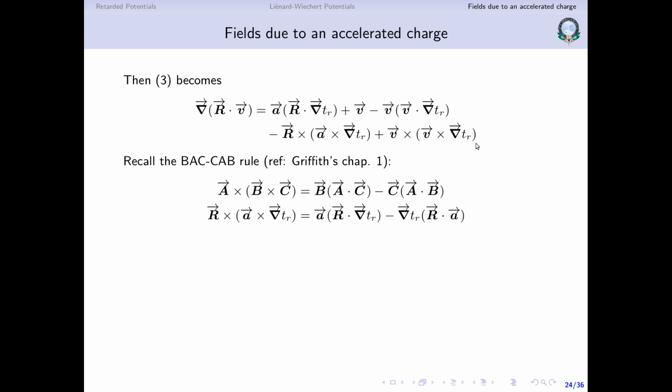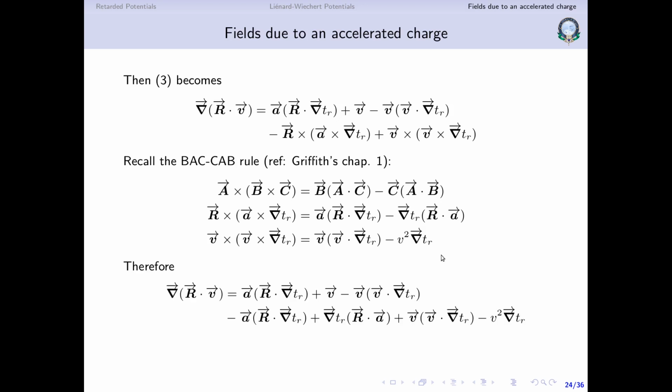Substitute again, applying the back cab rule on the last term, this is what we will get. Here we get V square because you see in the back cab rule what do we have inside the bracket? We have A dot B. In this case, what is A? A is small v, B is also small v. So A and B, both of them are small v. So when I take A dot B, that is small v dot v, vector v dot vector v, that is nothing but your V square. So that's why I get this V square term here.